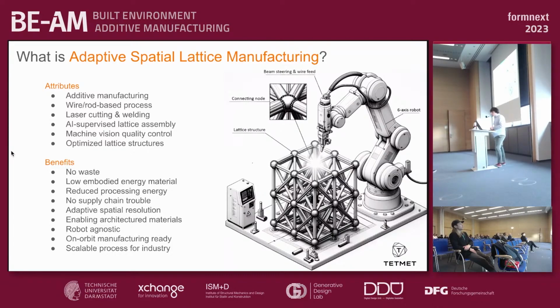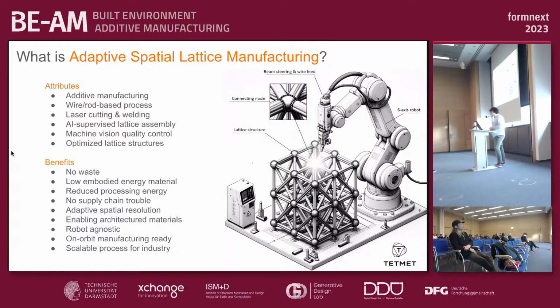The process in itself has a really reduced energy consumption, because contrary to wire arc additive manufacturing, we don't have to melt the whole structure. We just have to melt where we need to cut the wire, and we add energy where we need to weld it. So basically at the nodes of the lattice. We don't have supply chain problems because we rely on very common materials, again with very low embodied energy.